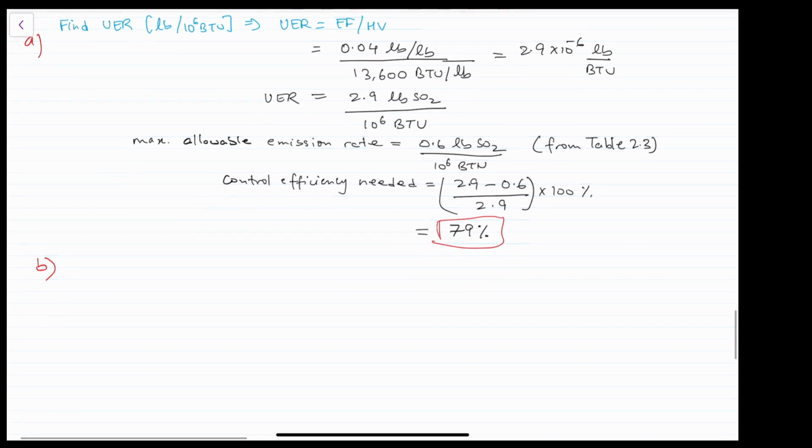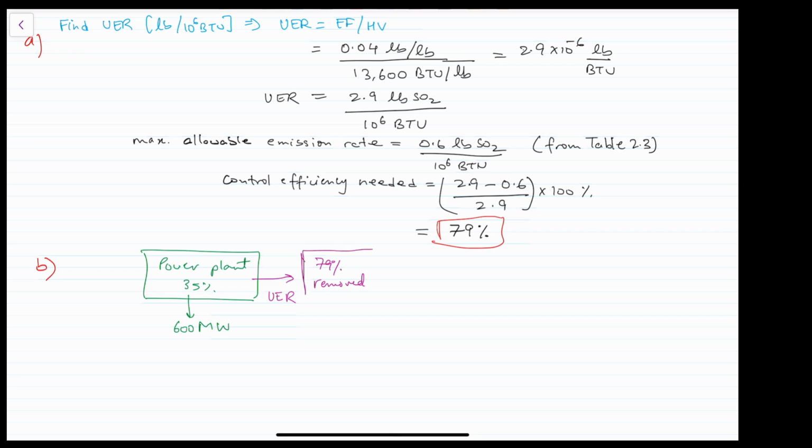So let's draw a quick schematic of the power plant here. It is 35% efficient, and it's a 600 megawatt plant, and then we have some uncontrolled emissions, and we are removing 79% of those, and finally we are emitting 0.6 pounds SO2 per million BTUs of heat input.